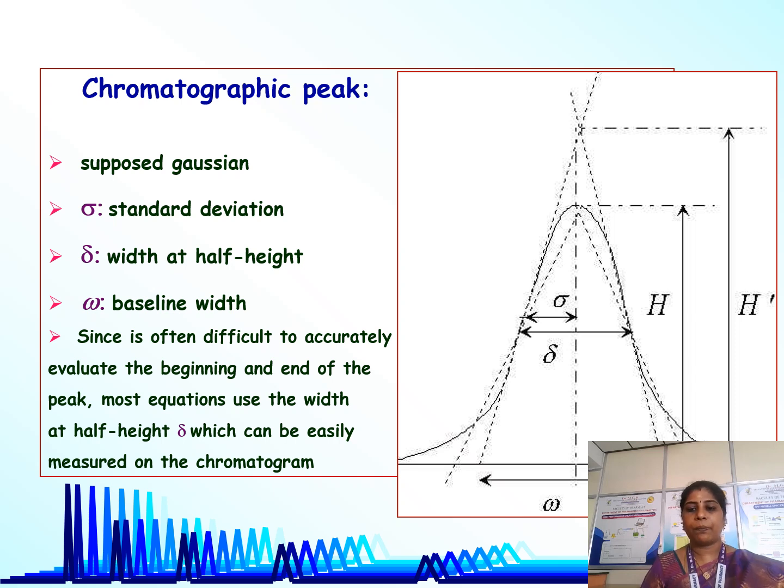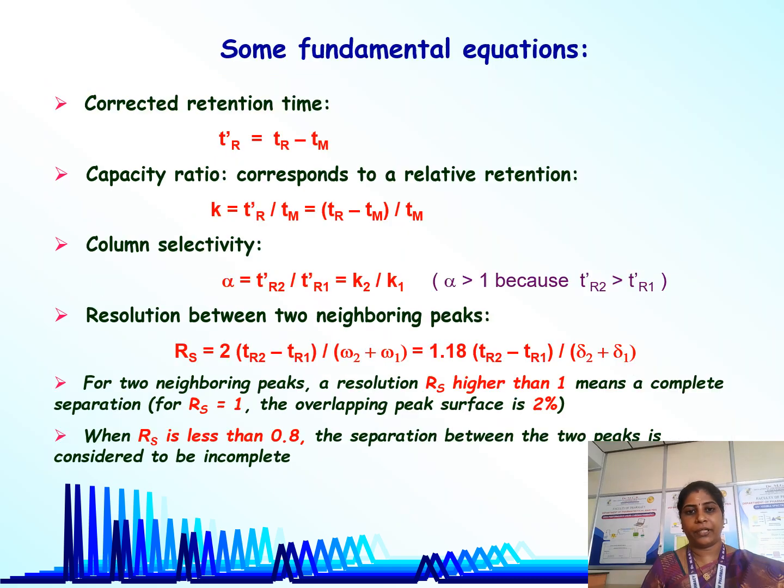Chromatographic peak: supposing a Gaussian, sigma is the standard deviation, delta the width at half height, omega the baseline width. Since it is often difficult to accurately evaluate sigma, use the width at half height, delta, which can be easily measured on the chromatogram. The same fundamental equations are used for the corrected retention time, where TR prime equals TR minus TM.